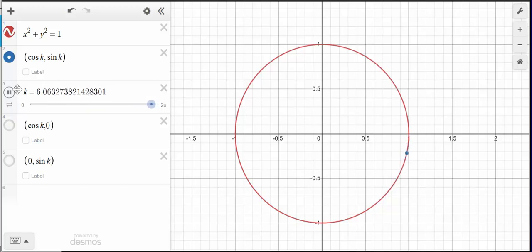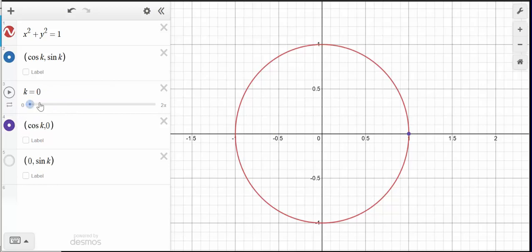Now you notice we talk about this particle moving around the circle as one thing. But what's going on here is there is a horizontal component and a vertical component. Let me show you what I'm talking about. Taking this cosine k, sine k, let me fix the vertical component at 0 and see what's going on horizontally. So let me start this k back at 0.